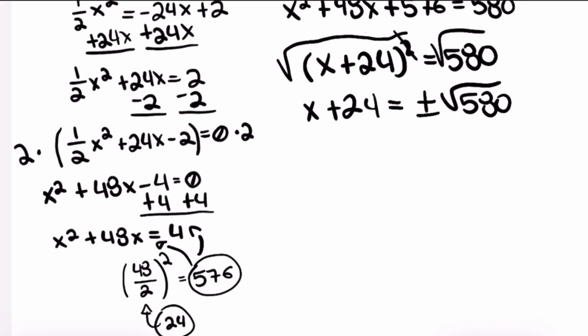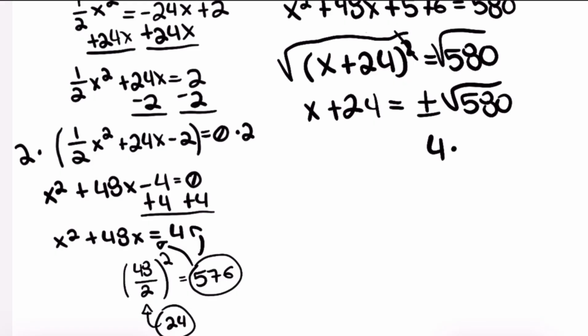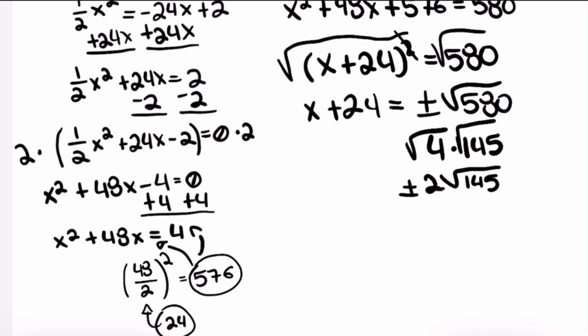So now we're going to simplify this. Two numbers that multiply to get 580 are 4 and 145. Now we know the square root of 4 is 2, but we can't really simplify the square root of 145. So our final simplification of this number will be plus or minus 2 square root of 145.